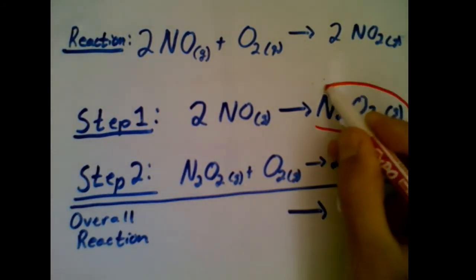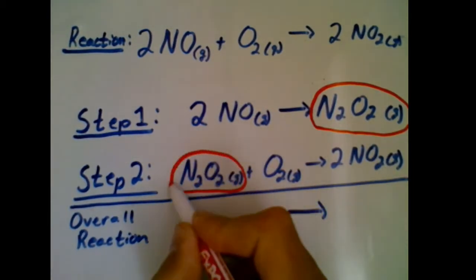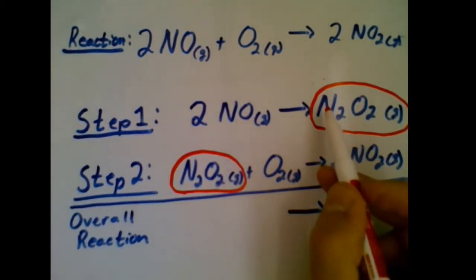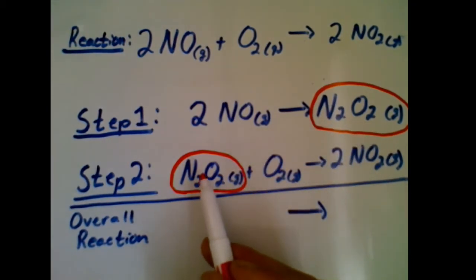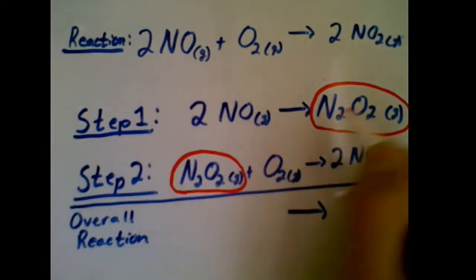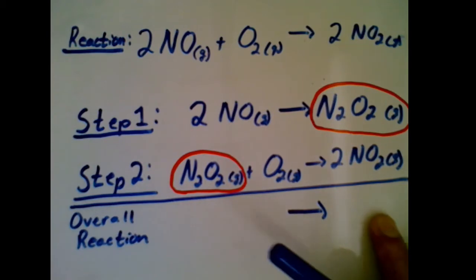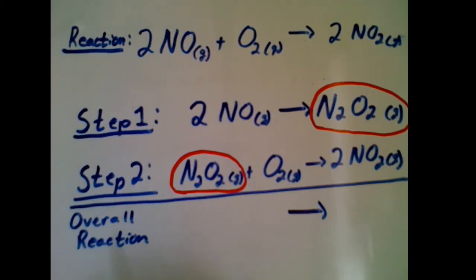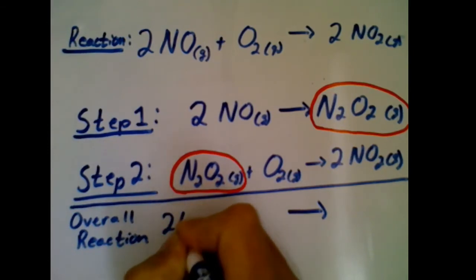This substance here, the N2O2, is a substance that was made at the end of the first step and disappeared at the start of the second step. So that means we are going to cancel it out, cross it out, and not include it in my final overall reaction.